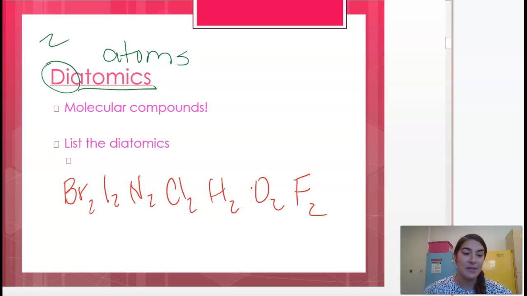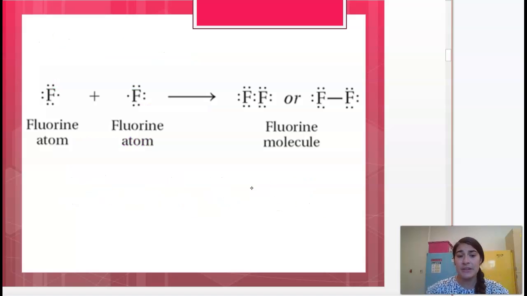These elements, like I said, just naturally bond to themselves as they are floating around as atoms. Whereas you can have individual lithium atoms and iron atoms and sulfur atoms, these 7 are going to bond to themselves. So let's take a look at why that happens and what it looks like. Here is fluorine.